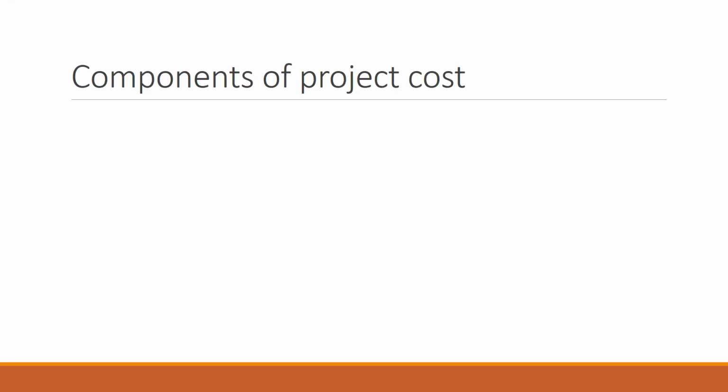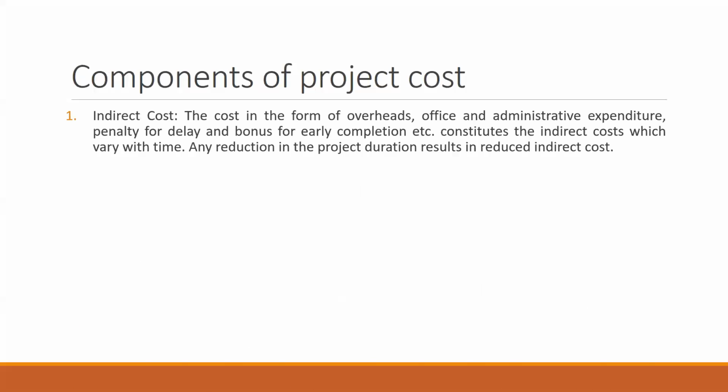So let us see those components. The indirect cost is the cost in the form of overheads, office and administrative expenditure, penalty for delay and bonus for early completion. This constitutes the indirect cost, which might vary with time.